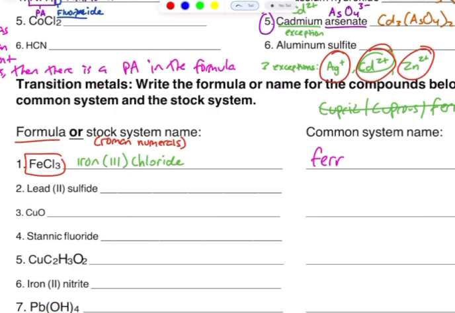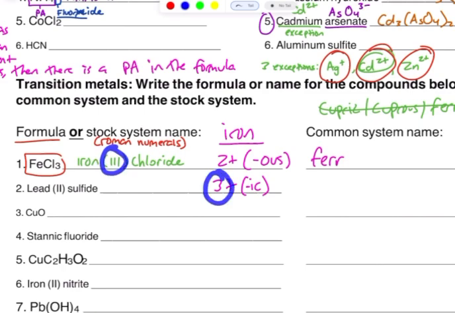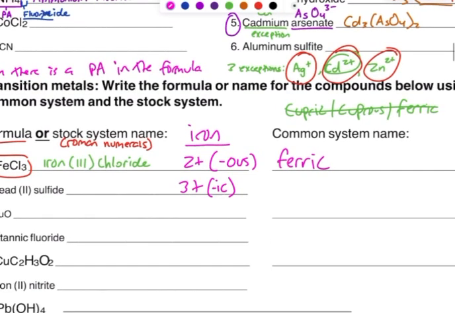And I'm going to take the charge, 3+. Remember, iron forms 2 charges, 2+ and 3+. The lowest charge has an -ous ending, and the highest charge has an -ic ending. We're using 3+ here, so 3+ is going to have the -ic ending. Therefore, it's ferric. Then this part right here, chloride, you just add it to the end, and there you go, I'm done.